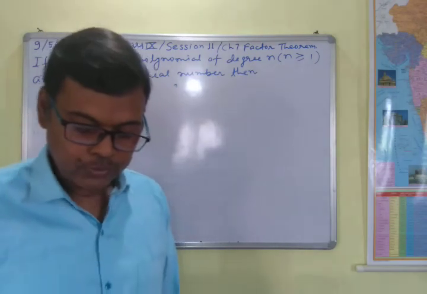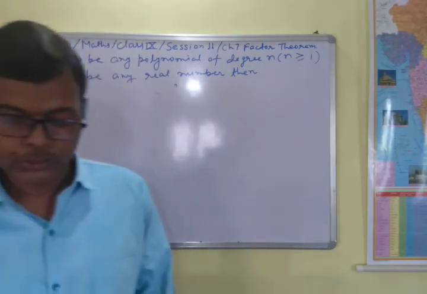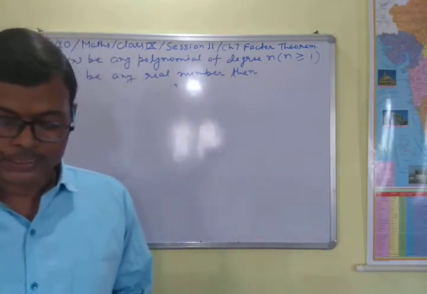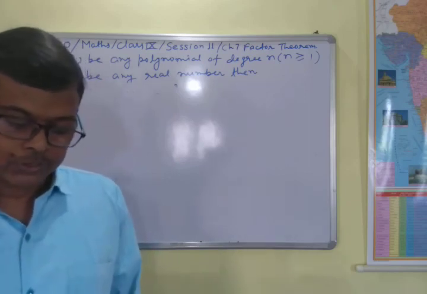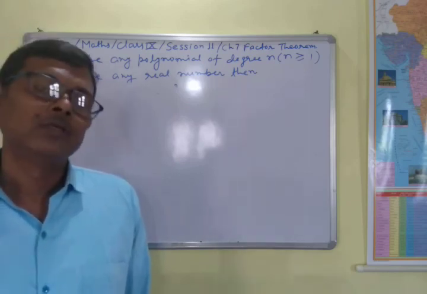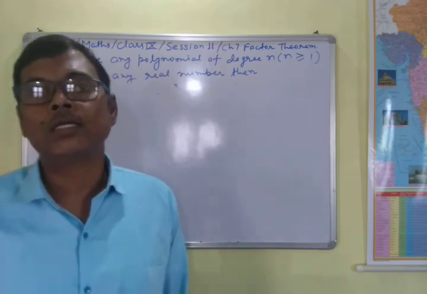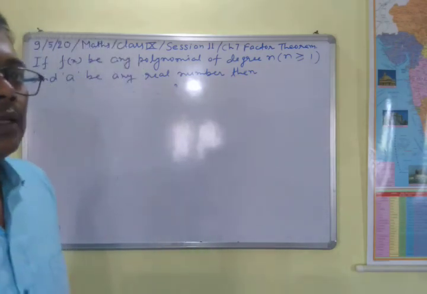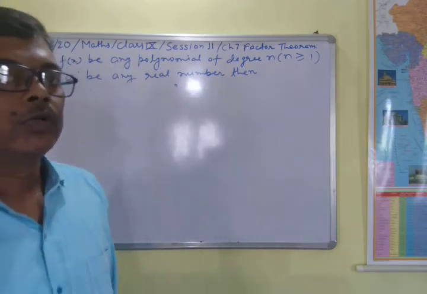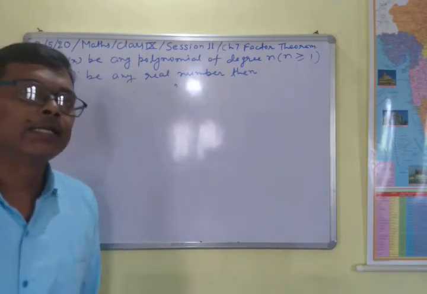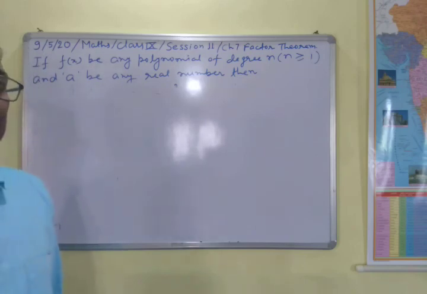You will solve the questions from exercise 7.4. There are many questions in this, and you will practice all these questions at home, and then I will give you a worksheet in which again you will solve the questions. So you will have very good practice. So keep practicing at home. Thank you.